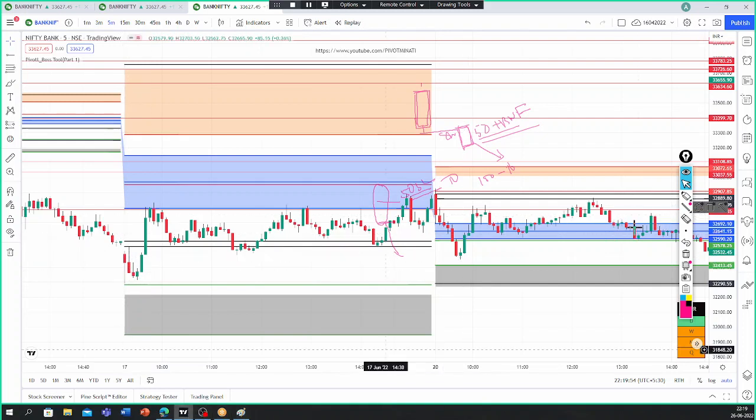Let me open. His logic is, so this is your green candle, okay? In the first 5 minutes your green candle is formed. Then you have another green candle. It's all green, okay? Then you get a small red candle. Mark the high and low of this. So this is again green. If the price comes down, you enter here.